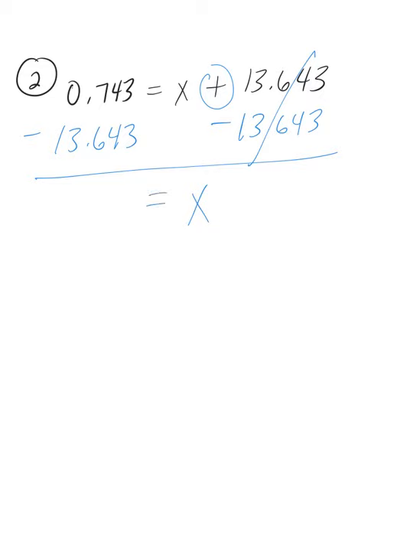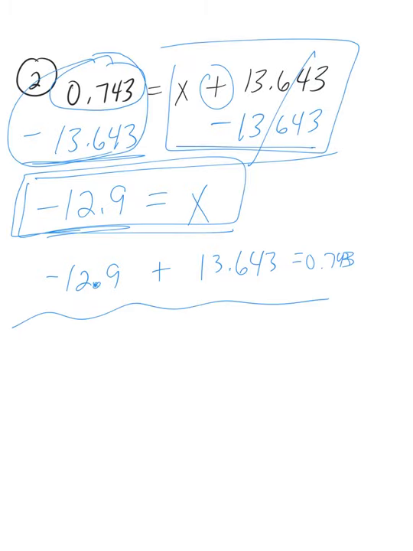So your answer will be, Dylan, negative 12.9. Yep. And if we check it, I'm going to plug negative 12.9 in for the problem and add 13.643. And it's going to give you 0.743.